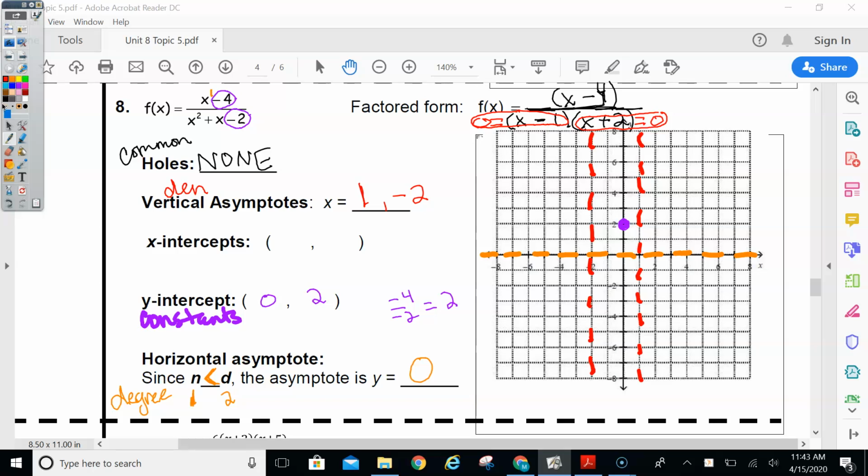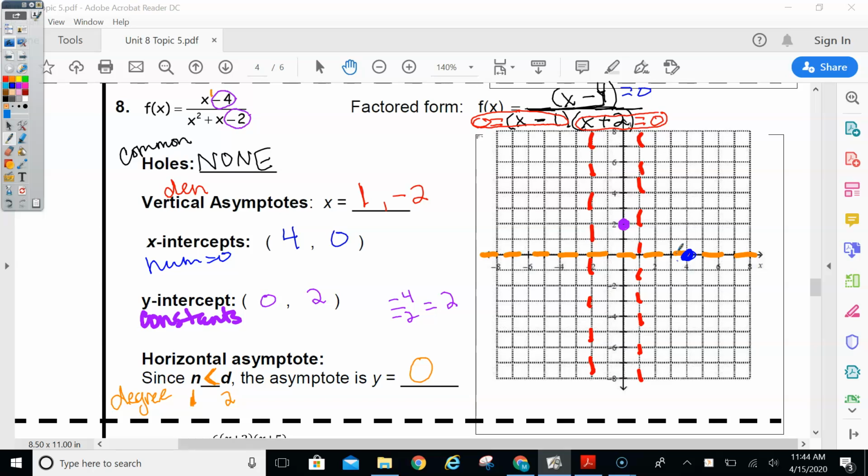Alright, and then the x-intercept is still where the numerator is equal to 0. So the numerator equal to 0 is x minus 4. So that means it's at +4, 0. So x-intercept is at +4, 0. So here's where it gets a little tricky because I thought the horizontal asymptote was the x-axis.